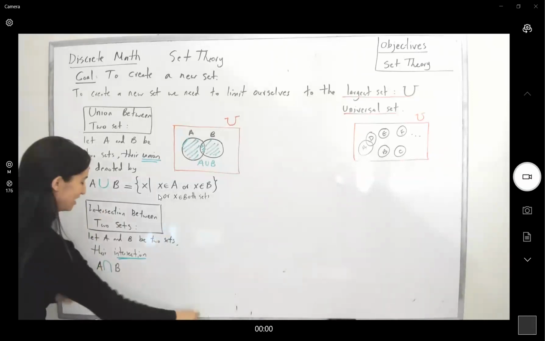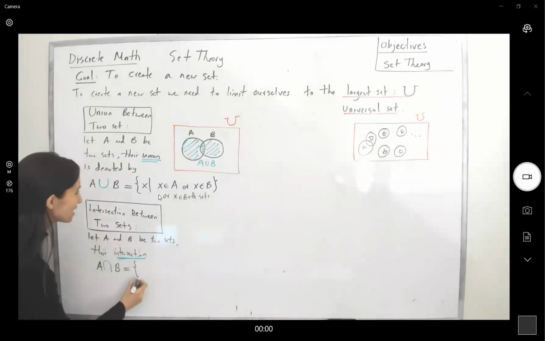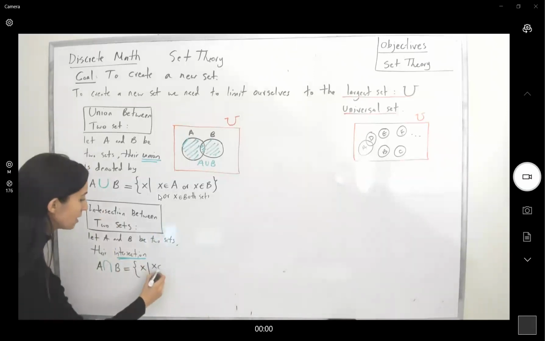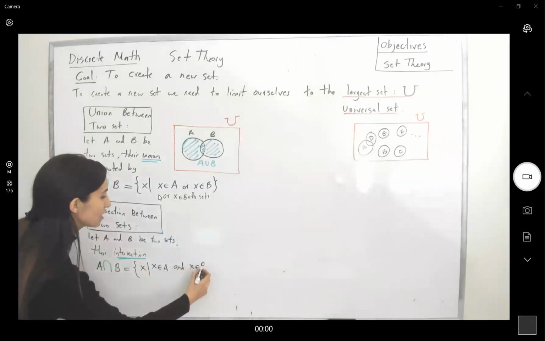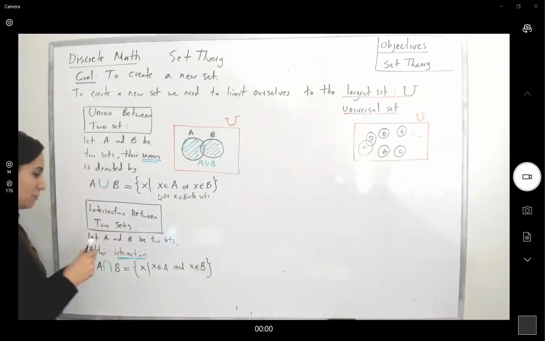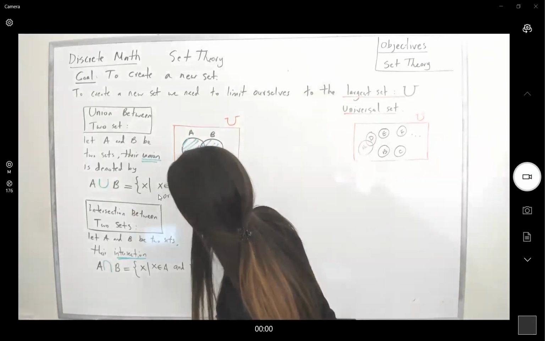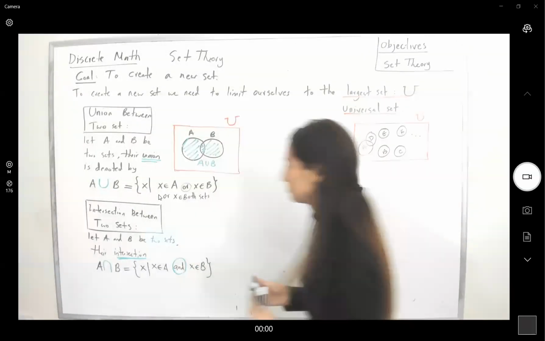The intersection, A intersection B, is equal to the set of all x values such that x is in A and x is in B. Union or intersection, and.